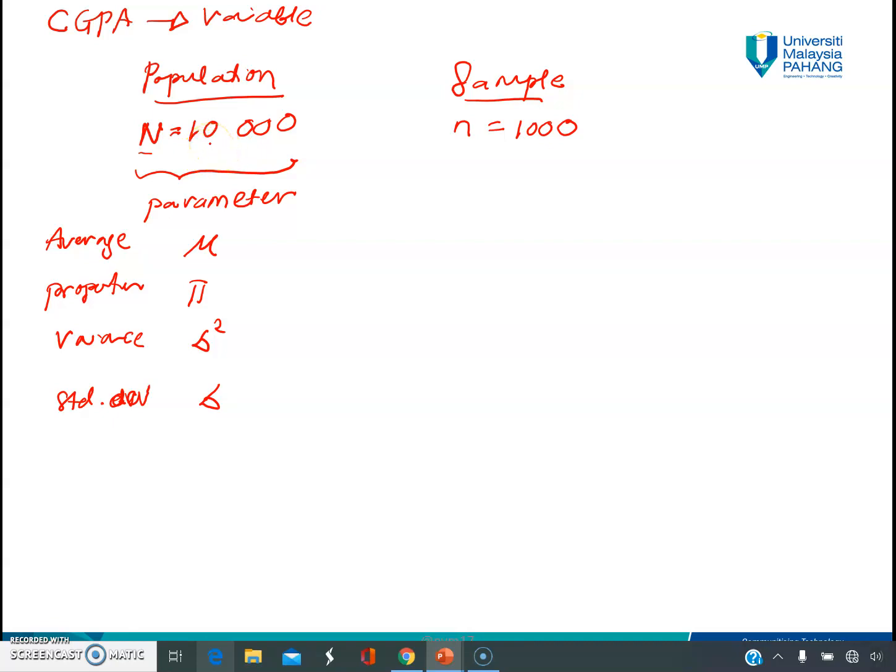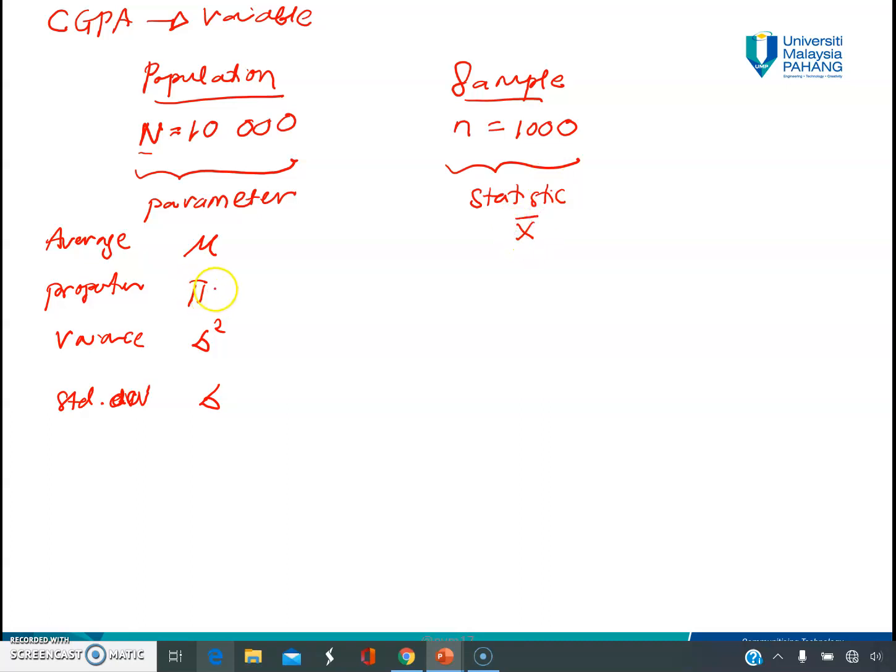If you calculate from the sample, we will have a statistic, statistic without the S here. We are also concerned about 4 things here. If the average is mu, at the sample you will calculate X bar.